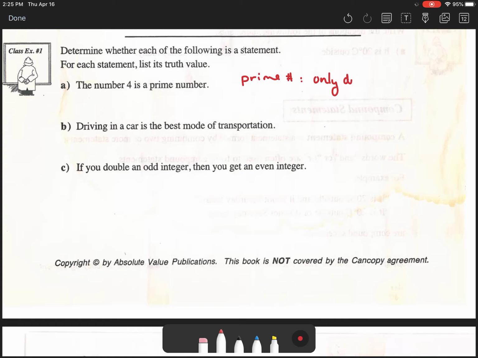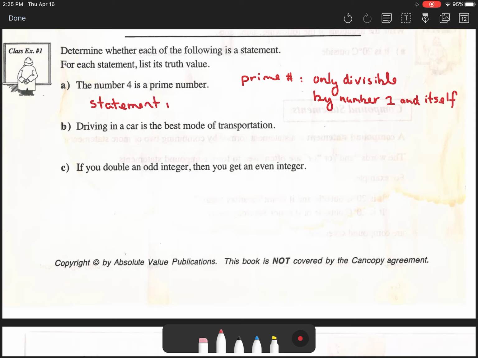A prime number is only divisible by the number 1 and itself. That is the definition of a prime number. Or the only factors of a prime number are 1 and itself.